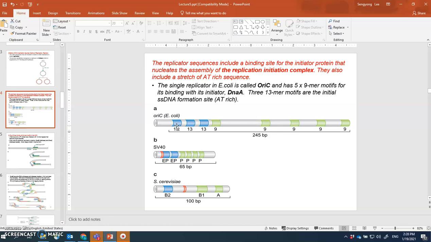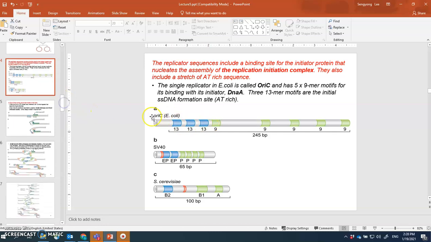This is a very AT rich sequence where the hydrogen bonds are easily broken, so the double strand DNA becomes single strand around that region, because they have a lot of A's and T's in their sequences.